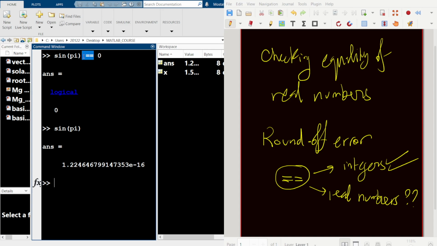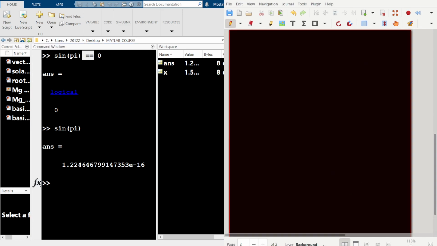But this creates an issue, so let's analyze this issue in depth on another page. Suppose I have two numbers, A and B, and I want to ask MATLAB whether they are equal to each other. If they are integers, no problem. If they are real numbers, then there is really a problem. The problem is that because of round-off error, there is no way that these numbers will match exactly.